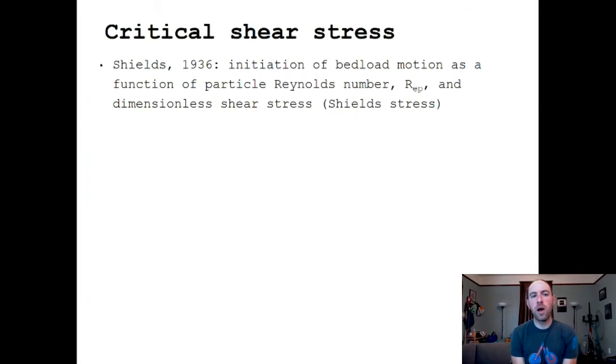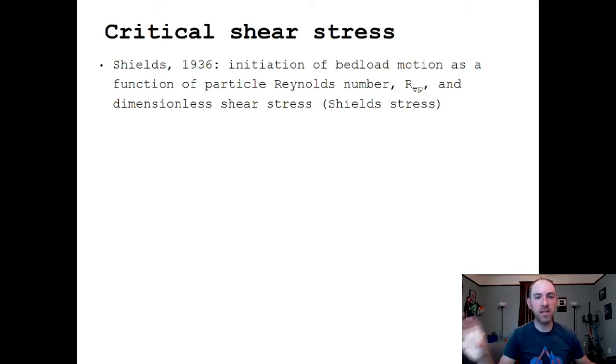And so this term critical shear stress and the discussion of it date back all the way to the 1930s, and we'll talk about this paper by Shields and this diagram called the Shields diagram, in which the initiation of bedload motion, which we'll talk a bit more about what bedload is specifically, is a function of the grain properties, which we can describe by what I mentioned earlier as the particle Reynolds number, which is sort of a proxy for grain size, if you will.